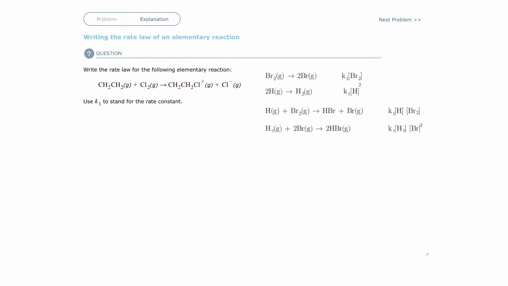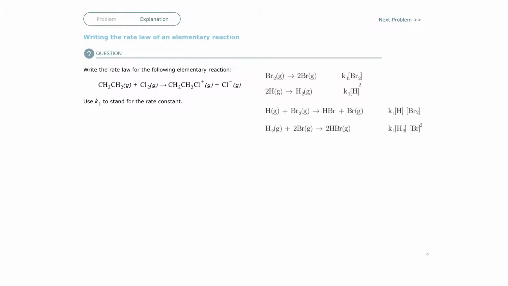So it's the concentration of the hydrogen ions squared. Okay, so whatever that concentration is times itself times some kind of a constant will be its rate law. So the balanced equation tells you the rate law.